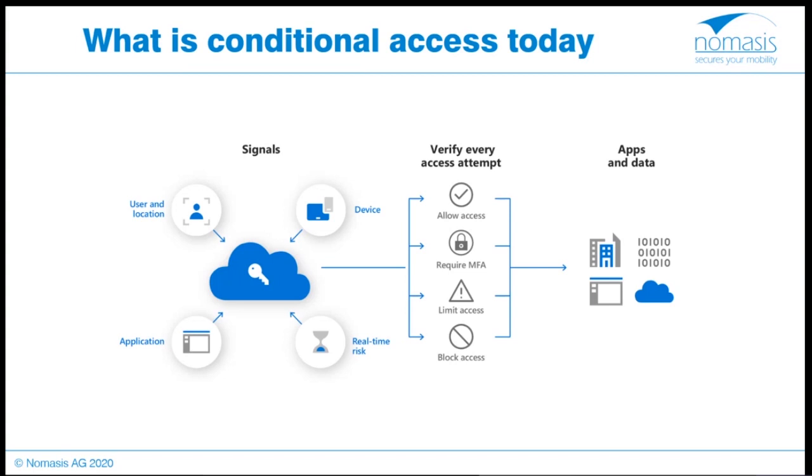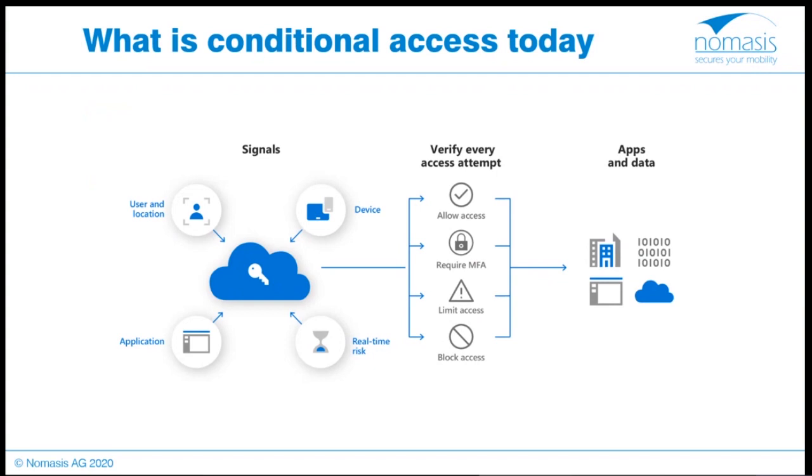So today, conditional access has evolved a bit. It has grown with all these cloud applications that we have to deal with. So basically, what we did is simply add more signals or more conditions. We saw that the basic condition was to be inside the trusted network.